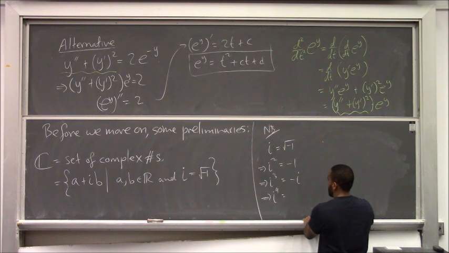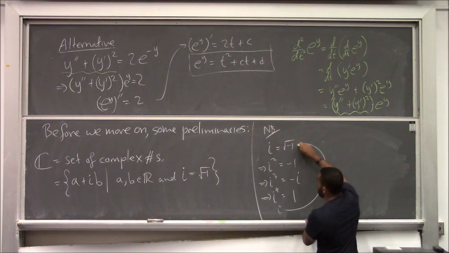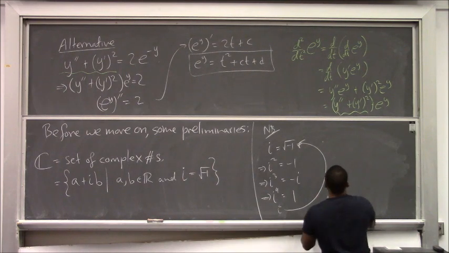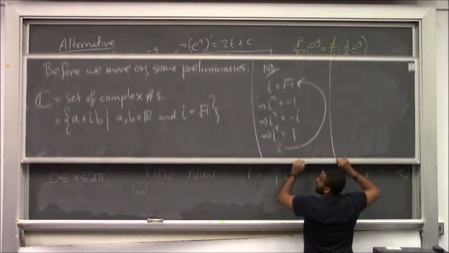Isn't it plus 1? i squared squared is -1 times -1, so it's going to become a positive 1, right? And then what happens if I start multiplying by i to the 5th, it's going to loop back around, and the pattern starts over. Okay, so that's the first thing. You should know that this has a cyclical pattern that is 4 steps deep.